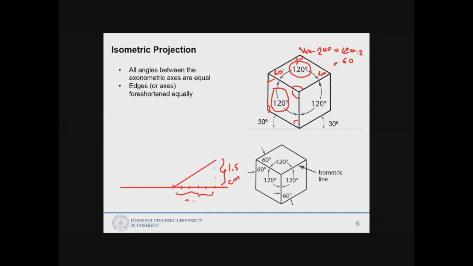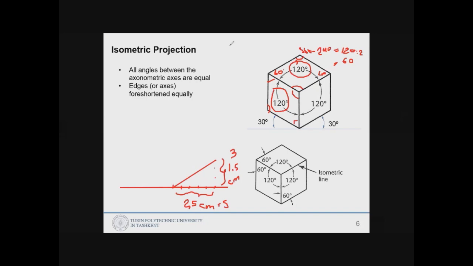If you have a bigger page or bigger drawing, you can do 5 centimeters and 3 centimeters. The main thing is the proportion, 5 to 3. Just remember 5 to 3.